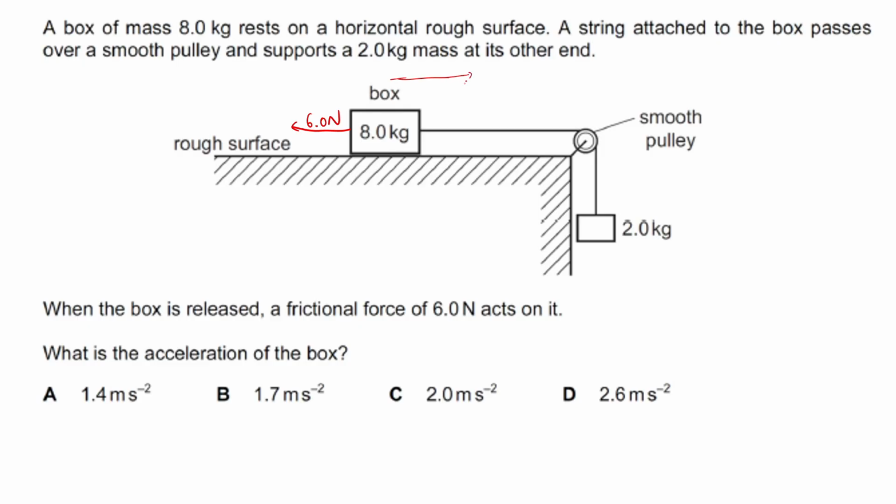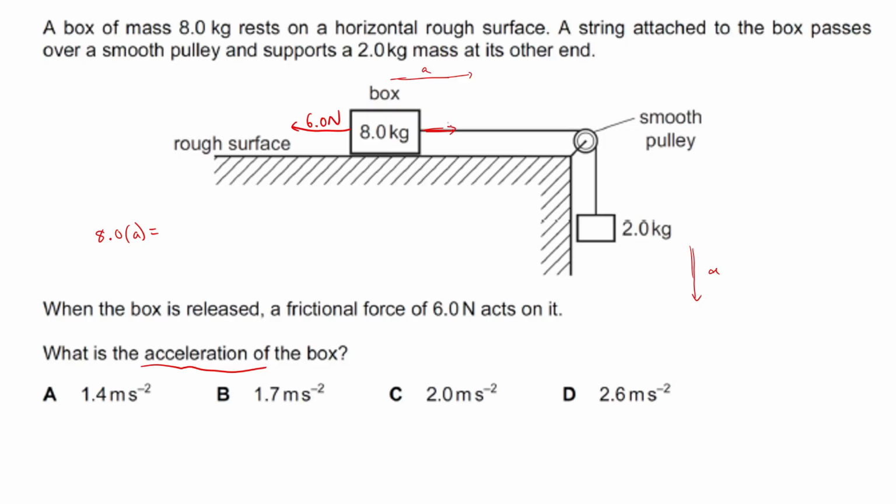Another thing we have to consider is that once the box is released, both of these boxes accelerate at the same rate. So our resultant force for the box is going to be 8.0 times A, where A is the answer because that's what they're looking for.